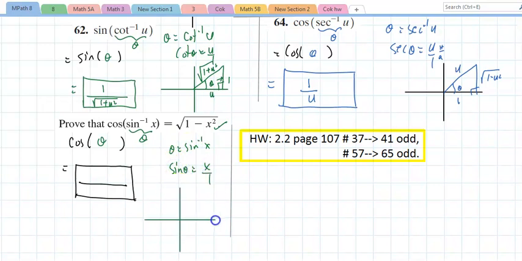My triangle is in quadrant 1. There's theta, and this is the opposite over the hypotenuse. That makes this the square root of 1 minus x squared. And cosine is the adjacent over the hypotenuse, which is this. And there's your homework, and that concludes section 2.2.